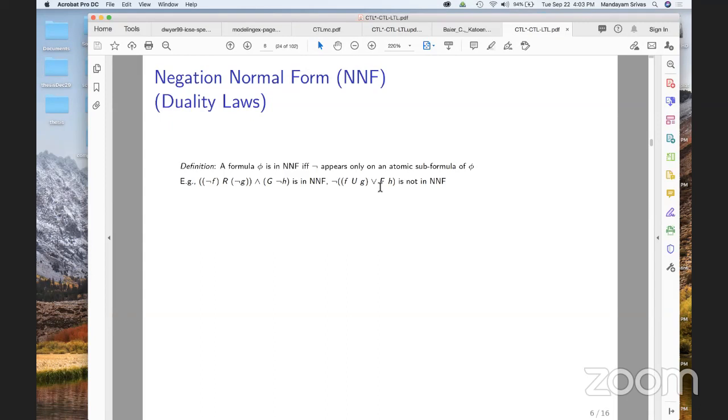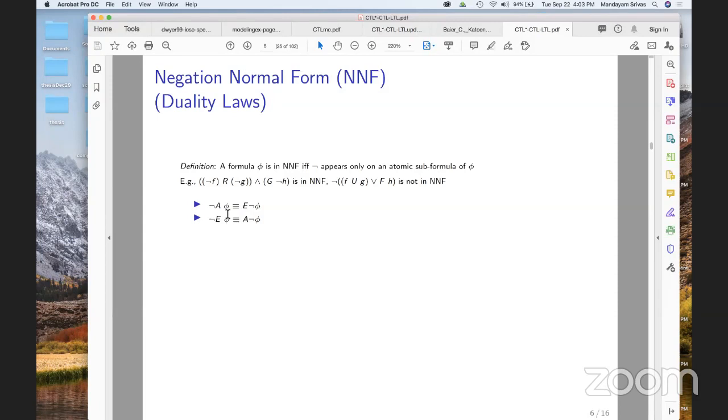You'll see that we will use this in LTL model checking; it is one of the pre-processing steps that we will do before applying LTL model checking. These rules that I call duality laws allow you to push negation downwards into the sub-formulas of any CTL star formula.